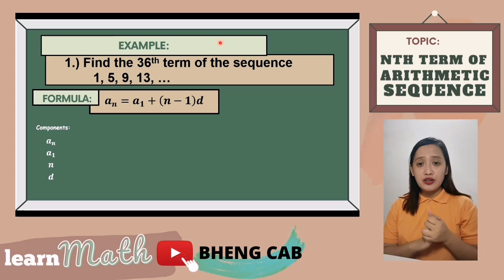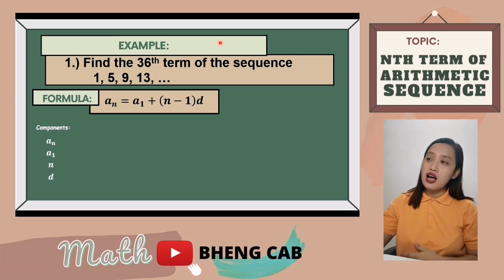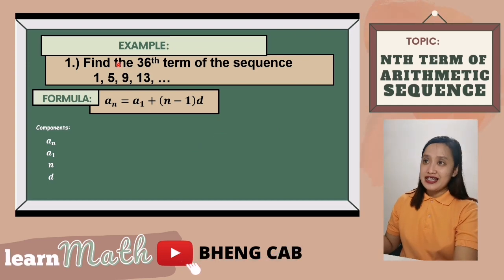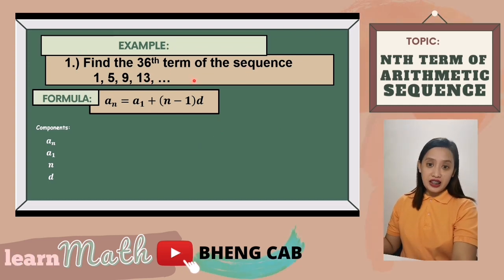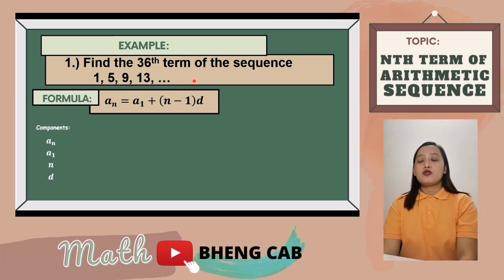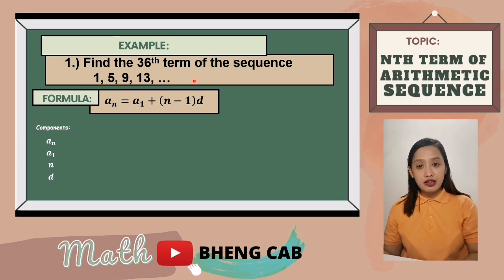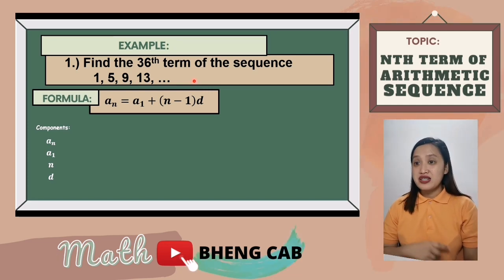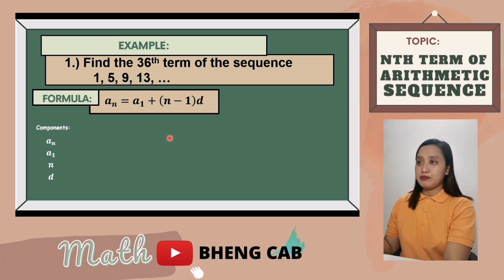Yung tatlong given na yun, hahanapin natin dun sa example number 1 na yan, diyan lang din sa find the 36th term of the sequence 1, 5, 9, 13. Wala ka ng ibang paghahanapan pa. So, out of 4, tatlo dyan yung given kasi yung isa, kailangan mong hanapin, which is the 36th term.